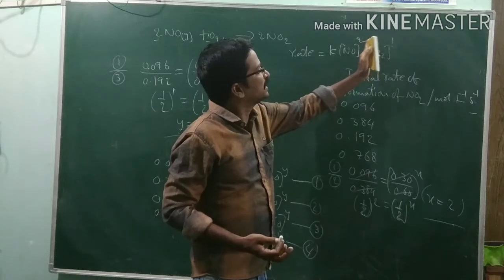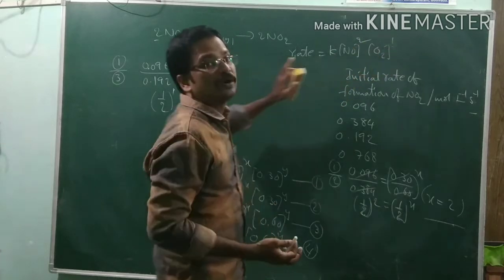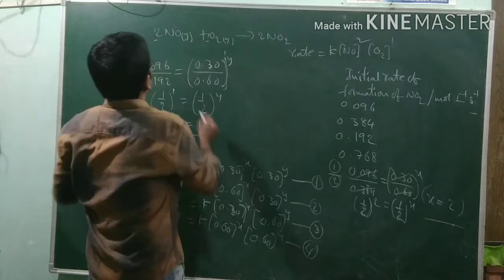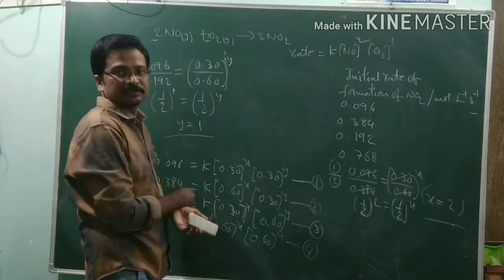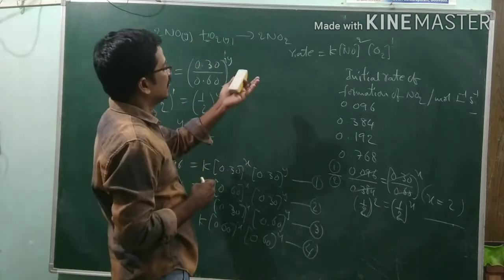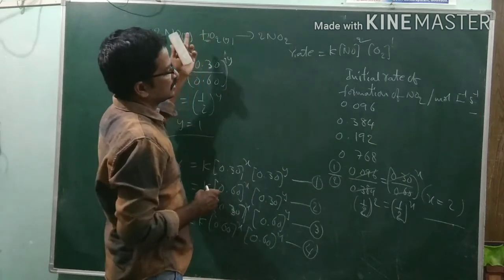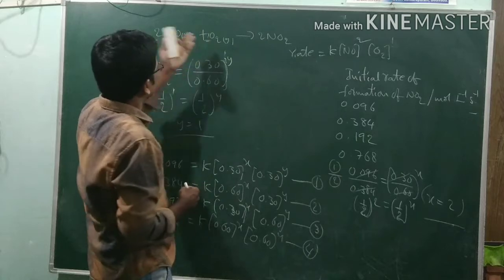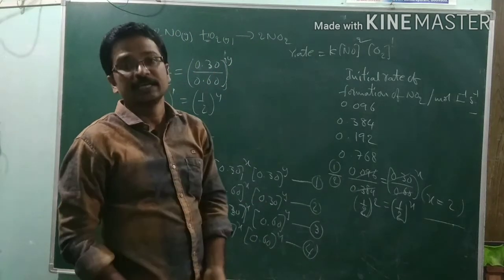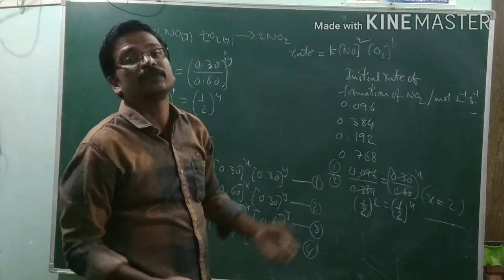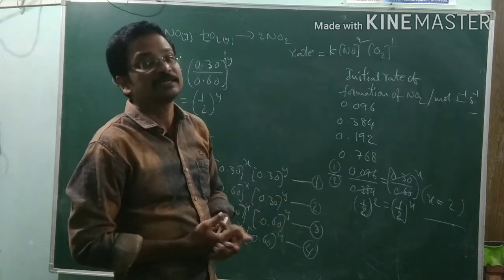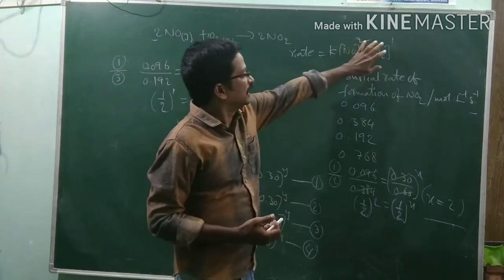Here the exponents x and y values are equal to the stoichiometric coefficients. In some cases it fails, it may not be equal, but here it is equal.